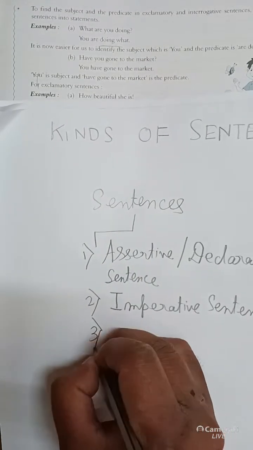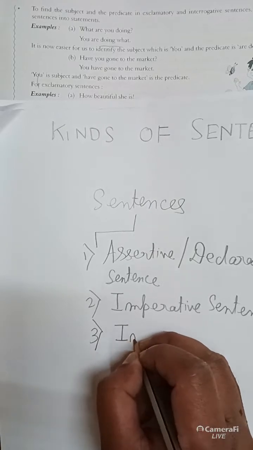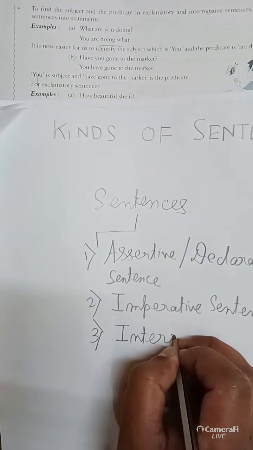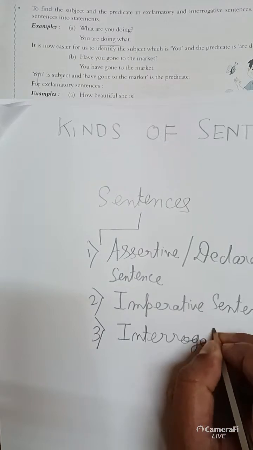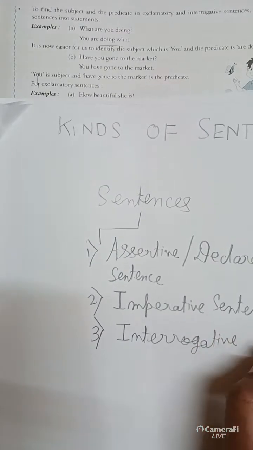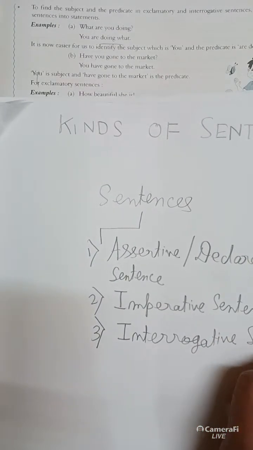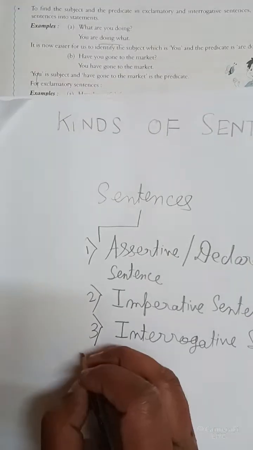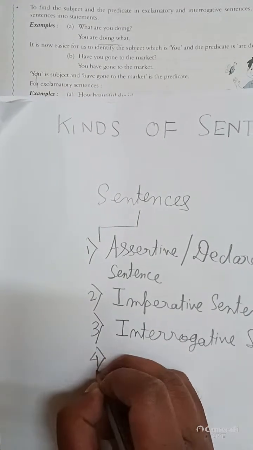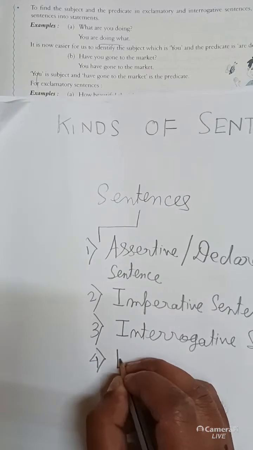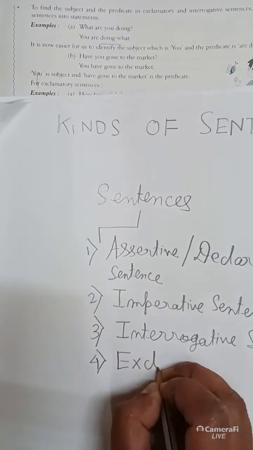Number three is interrogative sentence. Number four is exclamatory sentence.